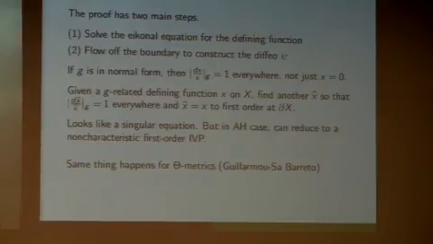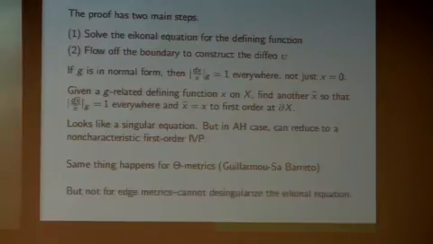The point is these theta metrics have the property that the corresponding vector fields all vanish at the boundary. Some of them vanish to even higher than first order. The fact that all the vector fields vanish at the boundary is what makes this desingularization procedure work. And in the edge case, that's not the case anymore. The fact that these dz's don't vanish at the boundary changes the character of the problem, so you can't desingularize this the same way.